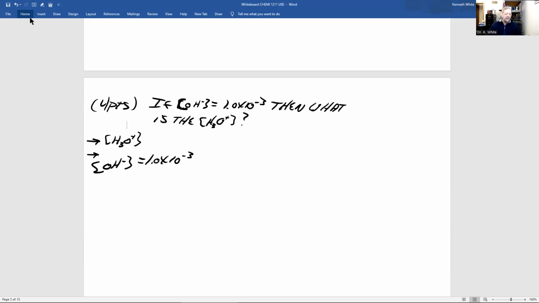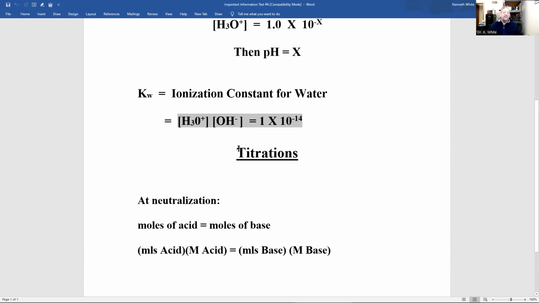And you know a relationship between the 2 of these? And the answer is yes. If you forgot, you can go to important information, test number 4: hydronium ion concentration times hydroxide equals 1.0 times 10 to the minus 14. I'll correct that, make it 1.0.